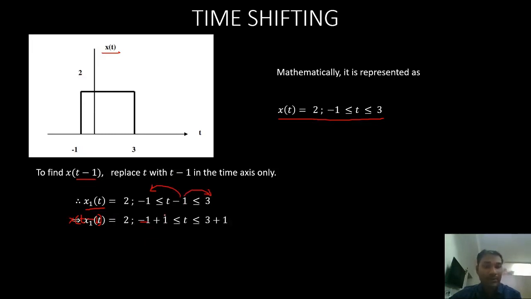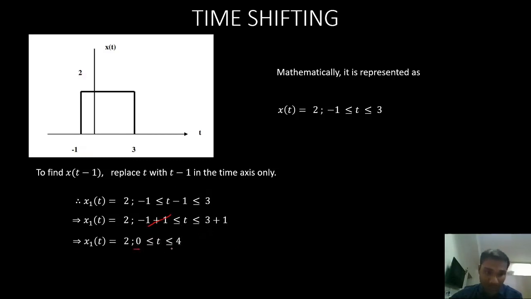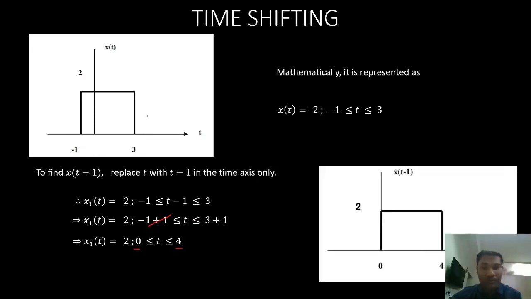Minus 1 less than or equal to t less than or equal to 3 plus 1. Simplifying it, this becomes 0 and this becomes 4. So our new signal must start from 0 and end at 4. The amplitude is 2. So this is the shifted version of x of t.